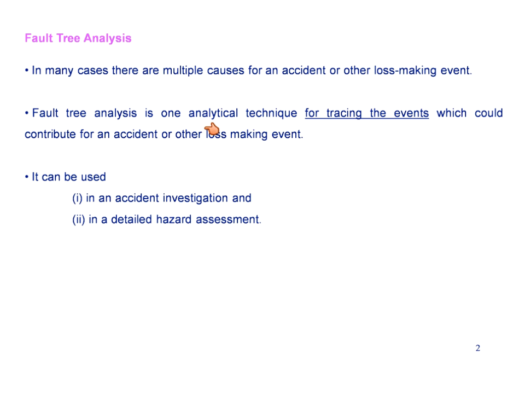So the fault tree analysis is one analytical technique for tracing the events which could contribute to an accident or other loss-making event. By using this fault tree analysis, we are going to find out some events which may end in an accident, which may be the reason to bring accidents in a company.